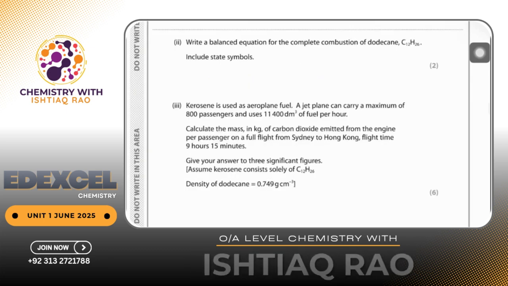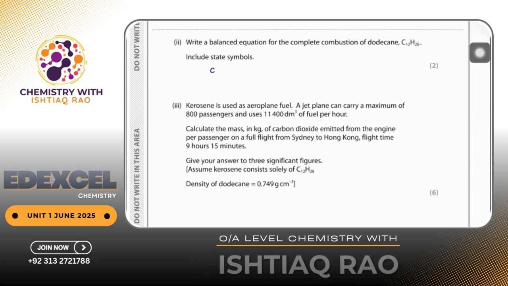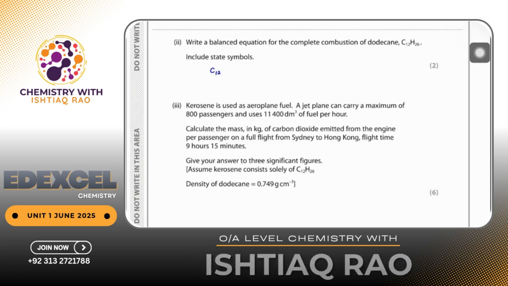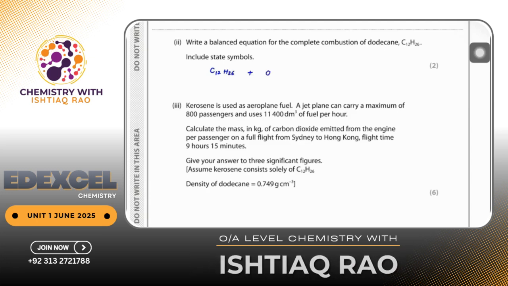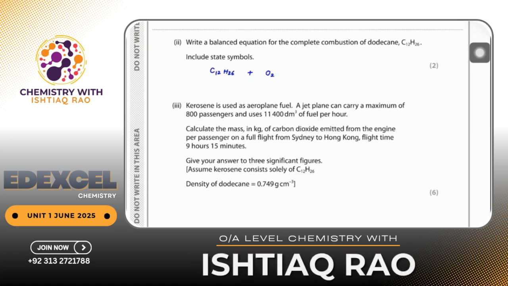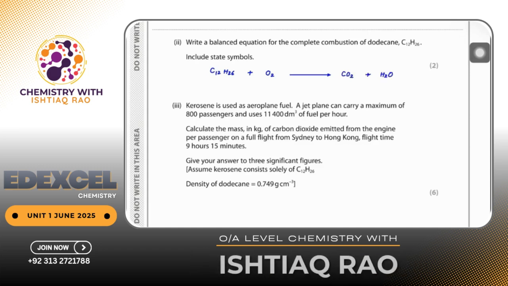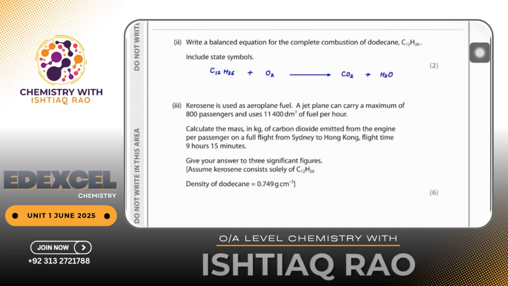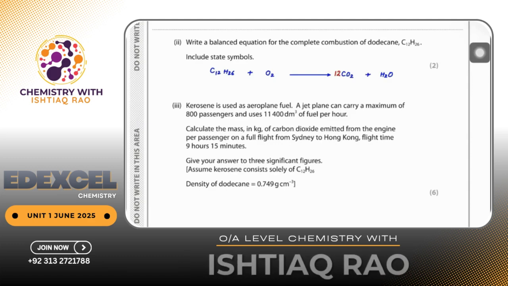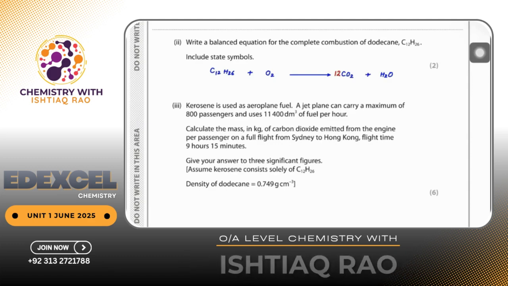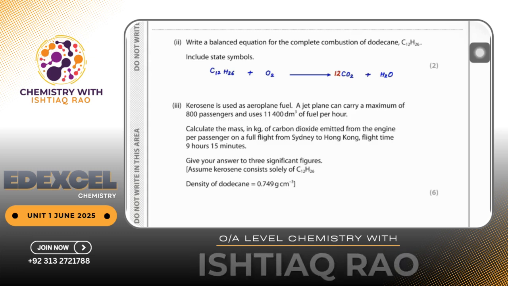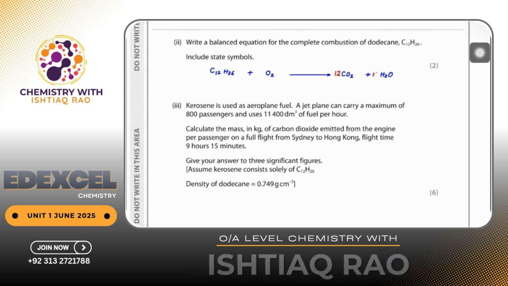Write a balanced equation for the dodecane. C12H26 is reacting with O2 to produce carbon dioxide and water. Number of carbons are equal to carbon dioxide, number of hydrogens half of the water. So it's going to be 26 is 1 and then 13.